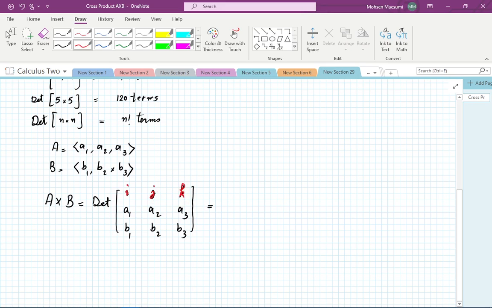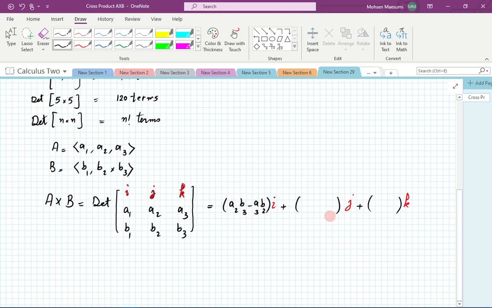So I can summarize it in the following way. Out comes a vector. That vector is going to have components i, j, k in it. And then there are going to be so many i's, so many j's, and so many k's. The multiple of i is going to be a2 b3 minus a3 b2.